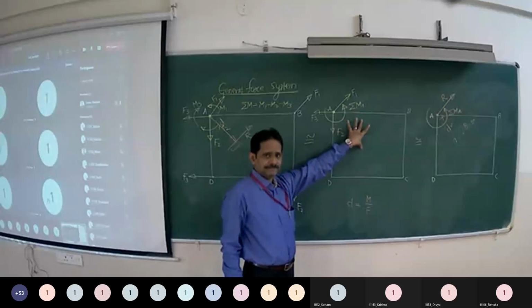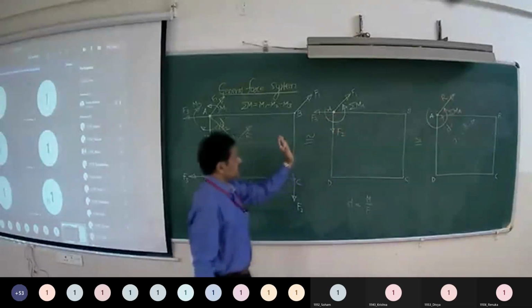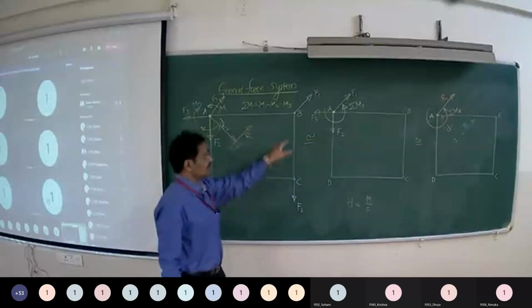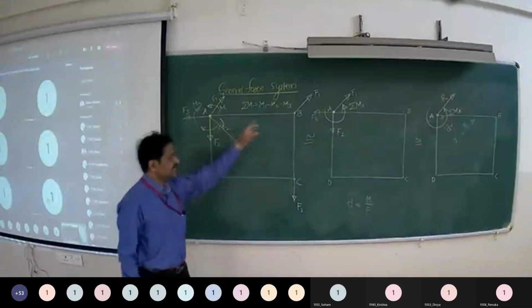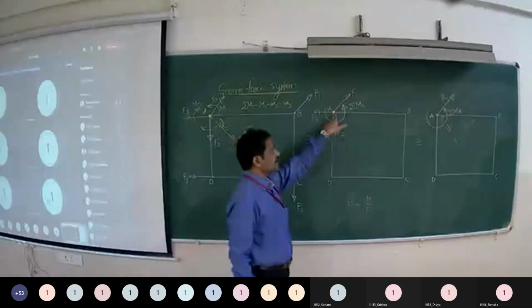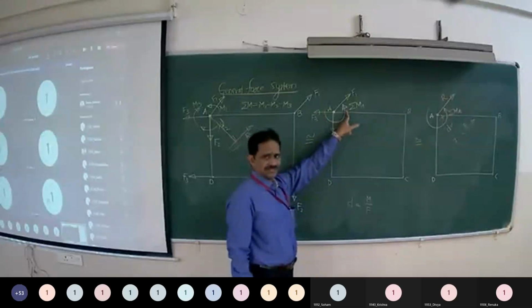Is it clear? Yes. Now, at this moment of time, the given system is equivalent to this. In the given system, these three forces are acting at three different places. We are converting that to a concurrent force system at A, along with the resultant moment.